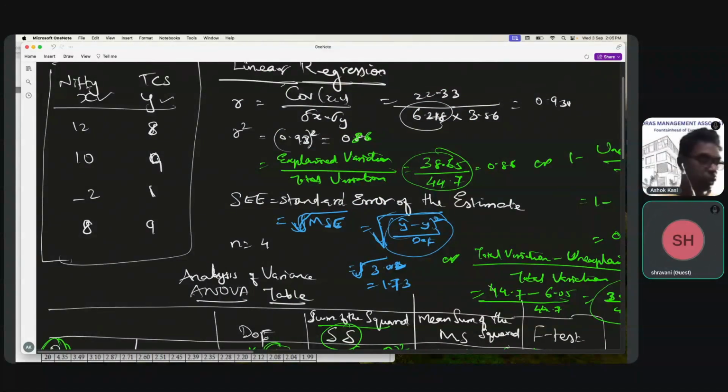Should I show that Excel also again? Yes, sir. After practicing this, you start reading. You will be able to understand maximum things in that linear regression.